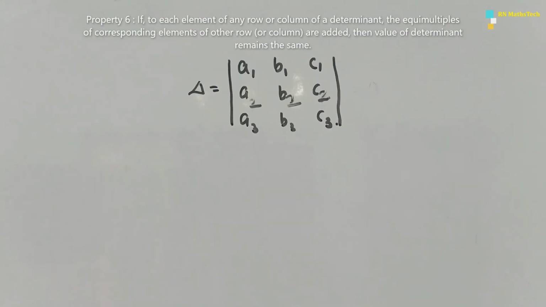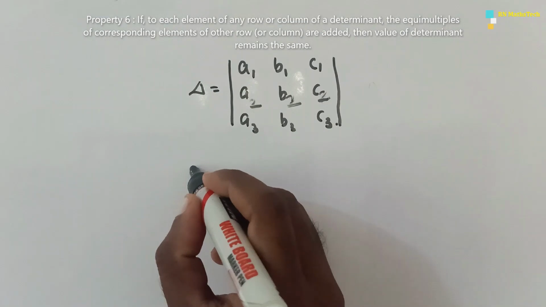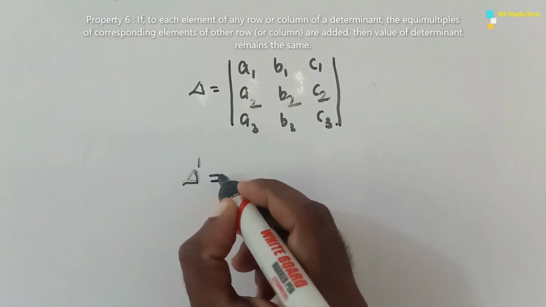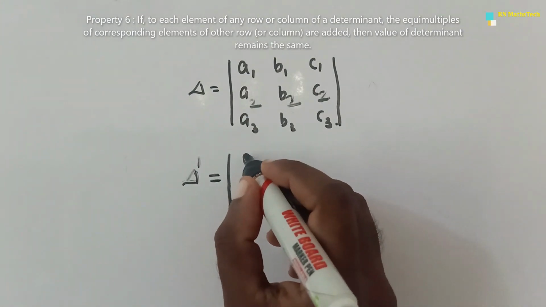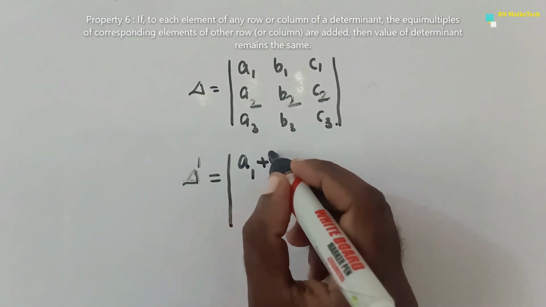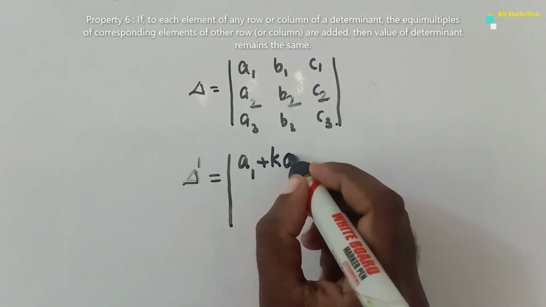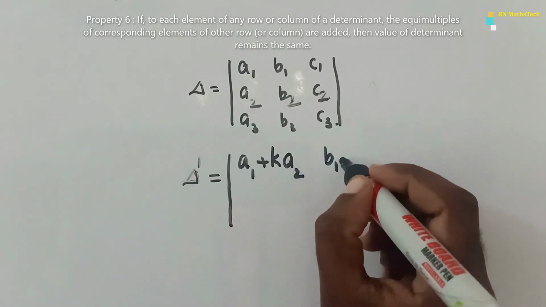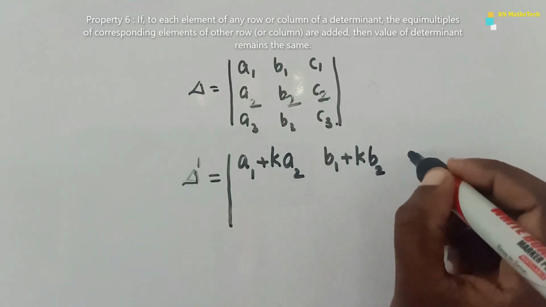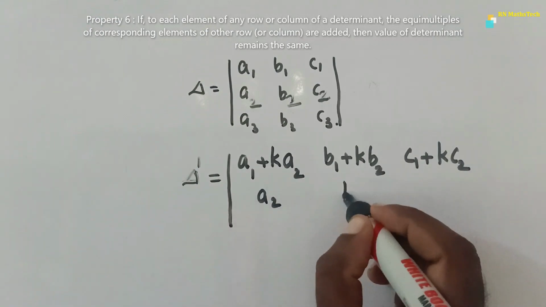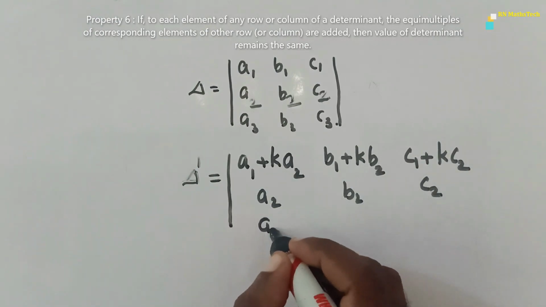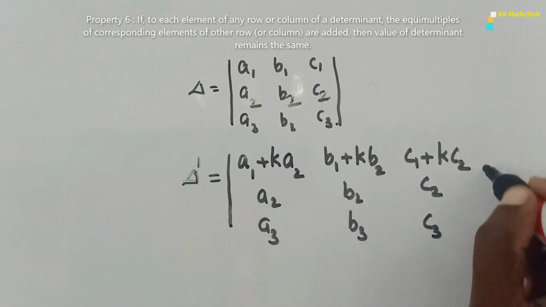Next property. Let delta be the determinant a1, b1, c1, a2, b2, c2 and a3, b3, c3. We form another determinant, delta dash, whose first row is the elements of the first row plus a scalar times the second row: a1 plus k a2, b1 plus k b2, c1 plus k c2, then a2, b2, c2, a3, b3, c3.